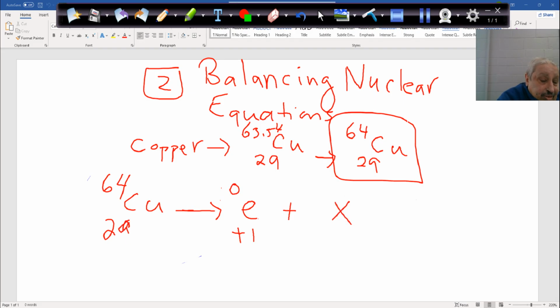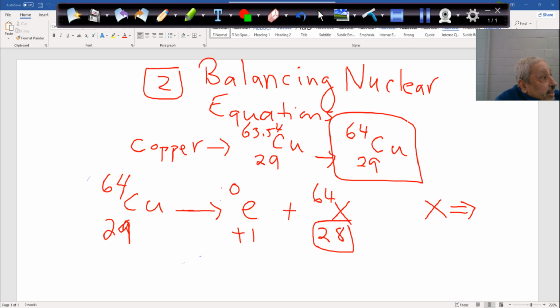Remember, that's 29 here, guys. So our atomic number or charge will be what? How much is it? 28. And the atomic mass will remain as is because this is 0, 64. So now here our X is equal to what? You always have to look at the atomic number to visualize the element.